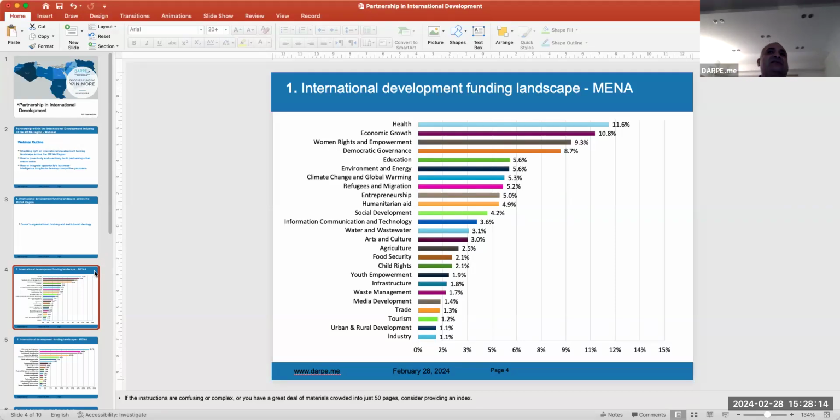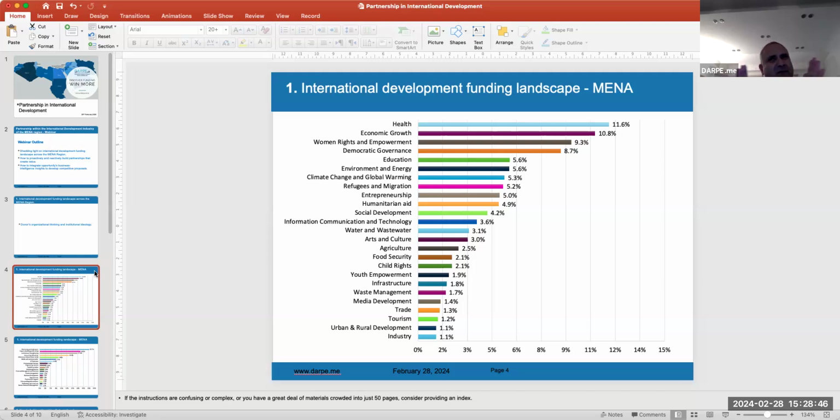It seems women's rights and empowerment is a major important factor for donor agencies. 9.3% of funding is allocated to these kinds of assignments, followed by democratic governance, anti-corruption, municipal strengthening, decentralization, elections and electoral systems and electoral commissions. So a lot of money, again, 8.7%, is invested in this area.